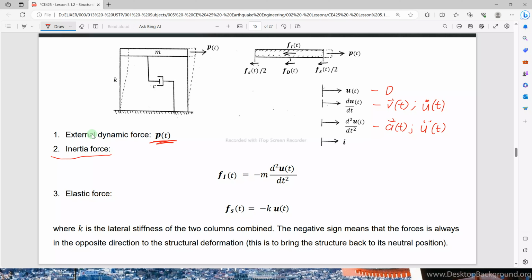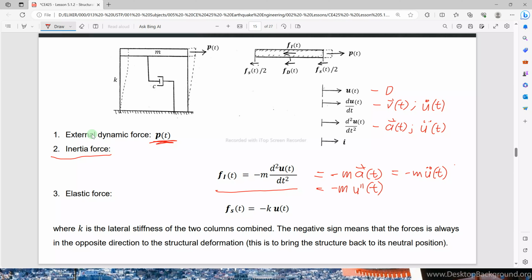Next one, we have the inertia force, f sub I of t, that is mass times acceleration, or negative m u double dot of t, negative mass times the second derivative of the displacement as a function of time.